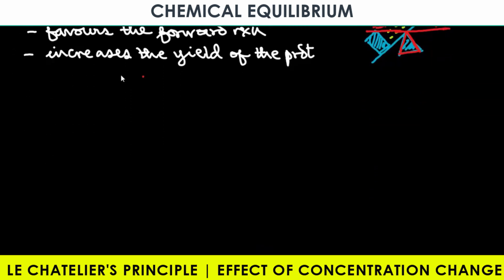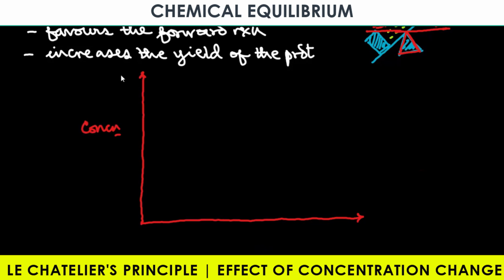Let's say you have a graph of concentration against time, for concentration in moles per dm cube, and time in minutes, seconds, whatever.